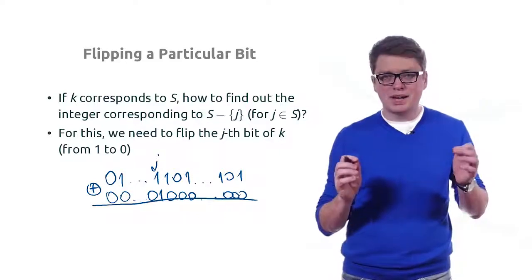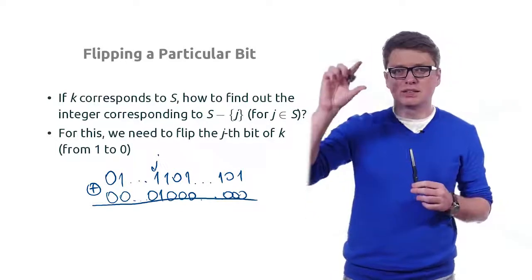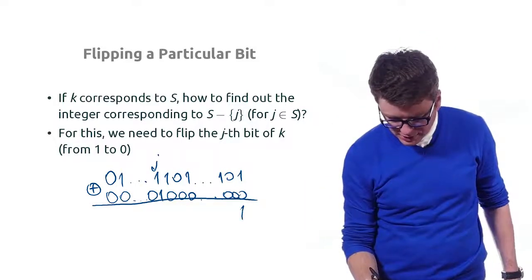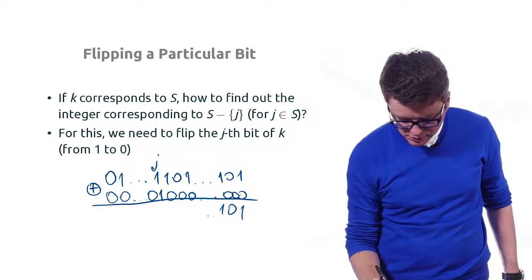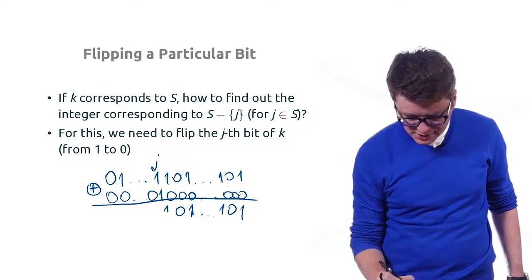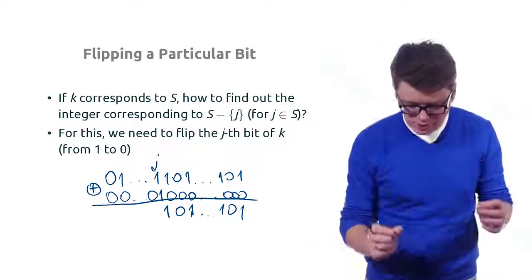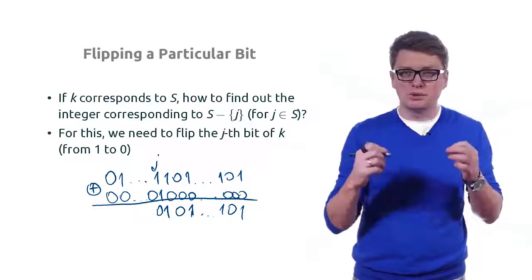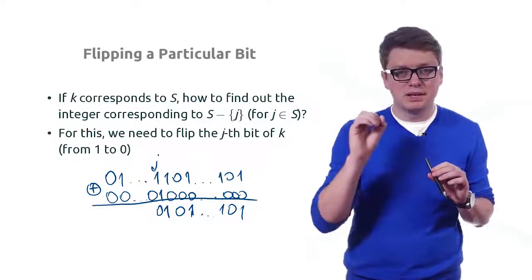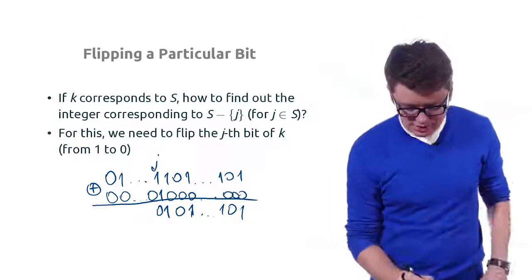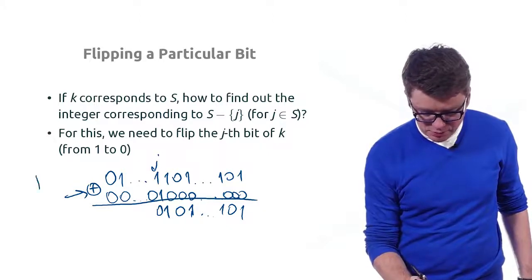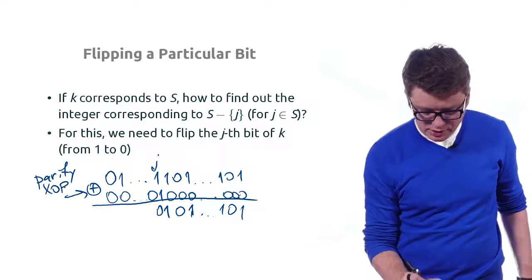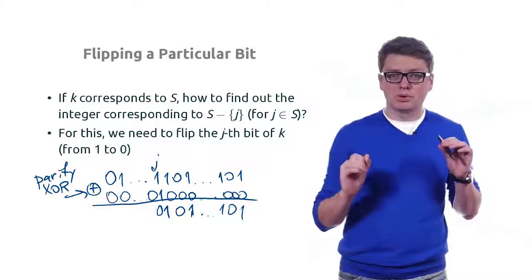If we compute the bitwise parity, for every position we just compute the sum modulo 2. So we will have 1 here, 0 here, 1 here, and so on. All the bits are going to stay the same as in the initial number. However, the jth bit is going to be flipped from 1 to 0, just because 1 plus 1 is equal to 0 modulo 2. This sign is the same as the parity operation or XOR operation. It is just computing the sum modulo 2.